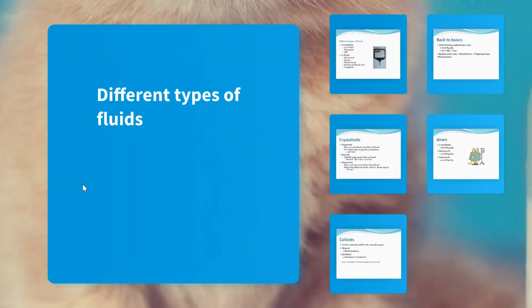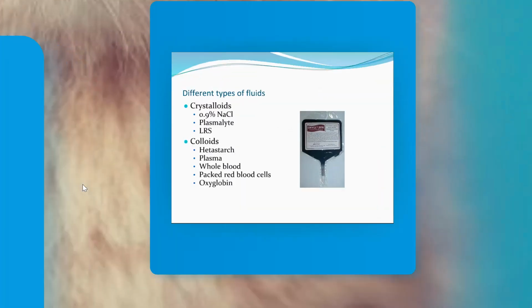So we're going to just go through our colloids and crystalloids so that you know exactly which ones we're going to be talking about, and then what are our fluid rates and stuff like that for each of those. So it's really important that you guys know these by heart. It's also a good idea to maybe put these in a little notebook that you can carry around with you until you're pretty confident in knowing all of these.